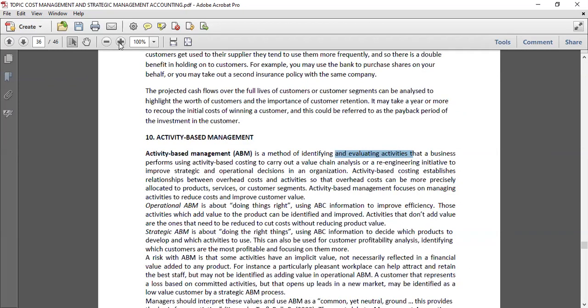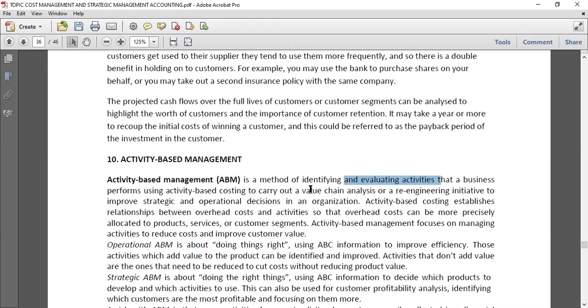For now, we know what the value chain analysis and the re-engineering involve, okay? So with the ABC, ABM, we are saying that we are taking the activity approach, okay? In making sure that we are doing our value chain analysis as well as the re-engineering initiative, okay?